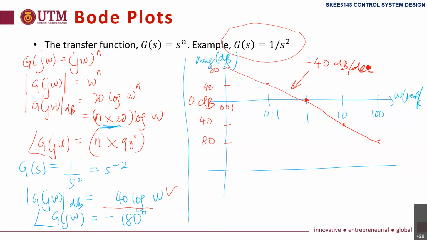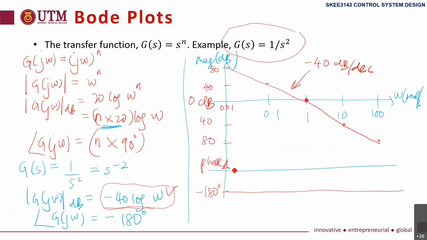Okay, so if we have minus 40 log omega, that means it's a straight line with a slope of minus 40 dB per decade. And the phase, if this is the phase, will be minus 180 degrees.